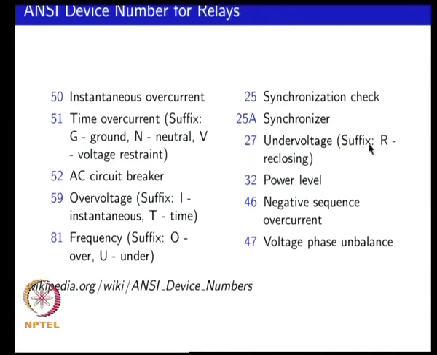You could also have a suffix like R, which means that if you have undervoltage where the voltage is so low that you consider it to be 0, which means that you have a dead bus and you need to black start a dead bus, you might close a switch to energize a dead bus.